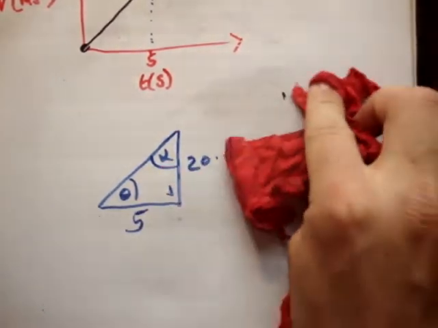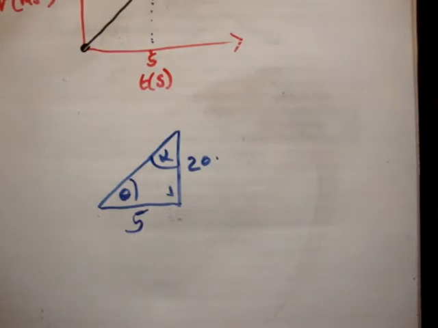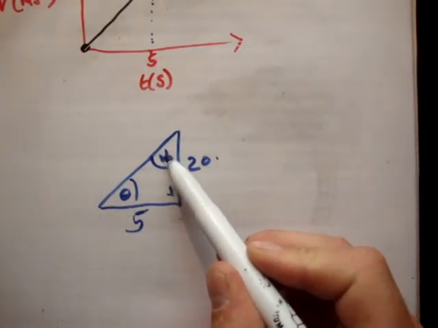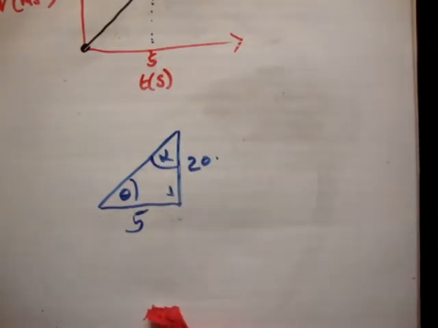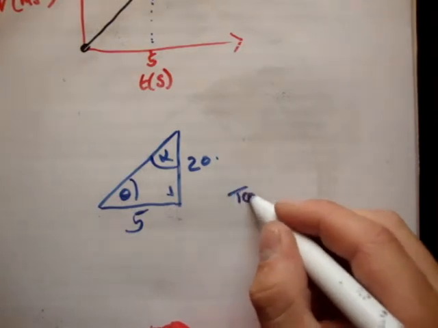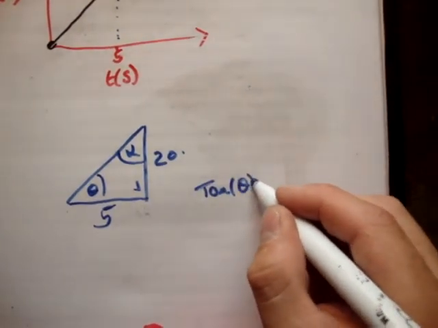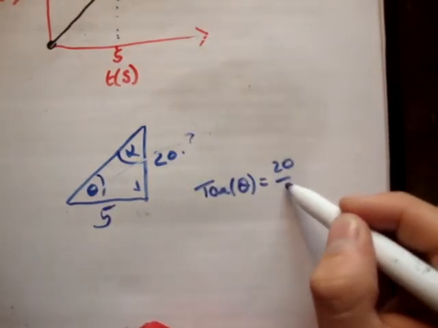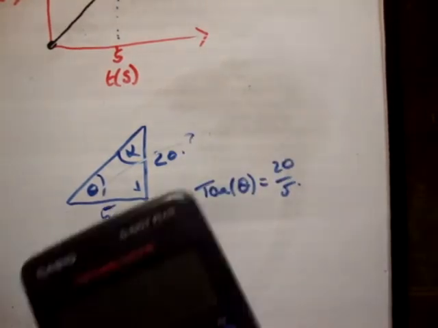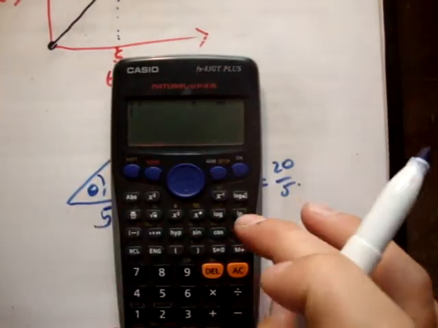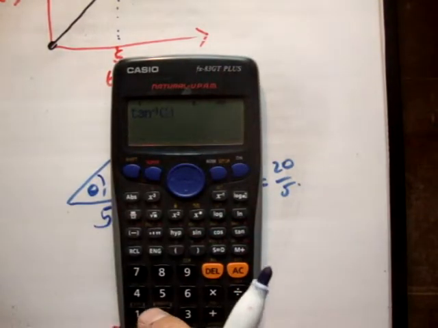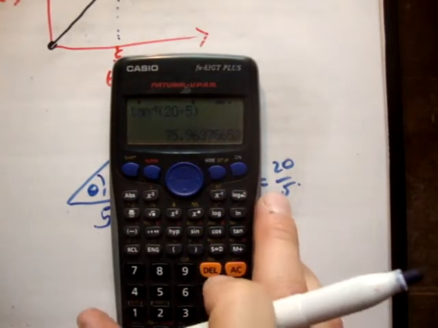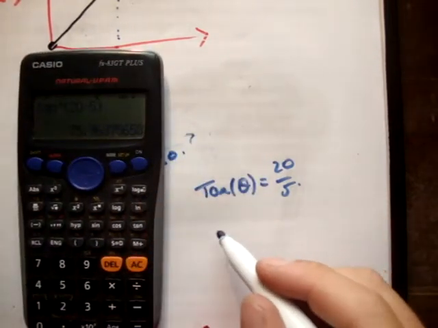We can say tan theta is equal to opposite 20 over adjacent 5. Let's get the inverse tan of that. Press shift tan for inverse, 20 divided by 5, and we get 75 degrees.